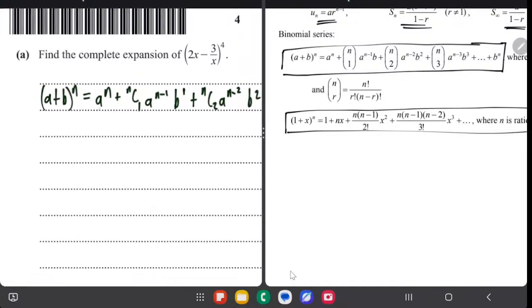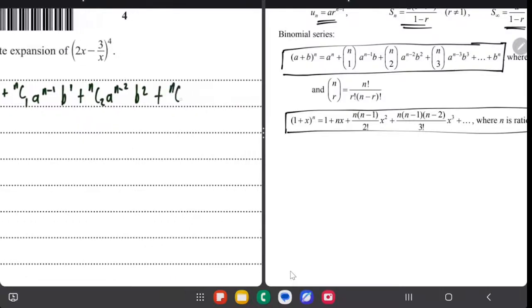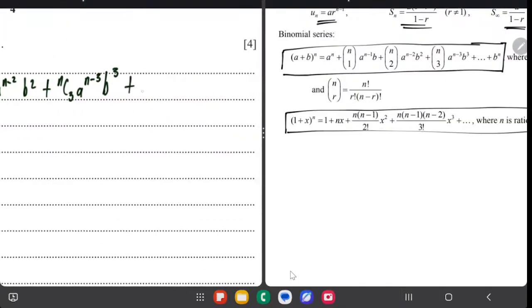So you should know that it just starts with a to the n, then it moves from there, okay? Plus n choose 3, a is now to the what? N minus 3, right? Then b is now to the 3. It keeps going until it goes to 4. Plus n choose 4, a to the n minus 4, b to the 4, right?